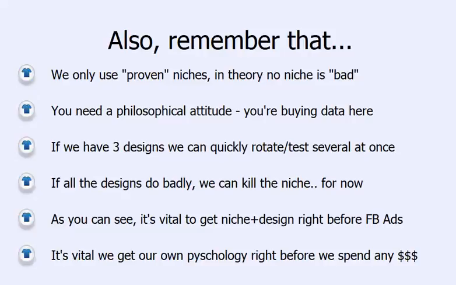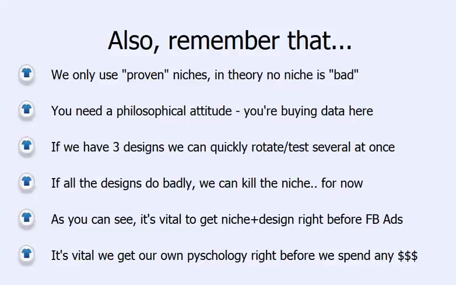The other benefit that I've touched on a few times is if we've got several designs pre-prepared, we've already created the designs, and we've already put them live on Teespring, and we've now launched our first design. Well, if we see that the first design doesn't do particularly well, then we can quickly grab our second t-shirt, which is already live on Teespring. We can create a post, create an ad for it, and quickly rotate that second design in and kill off the first one.